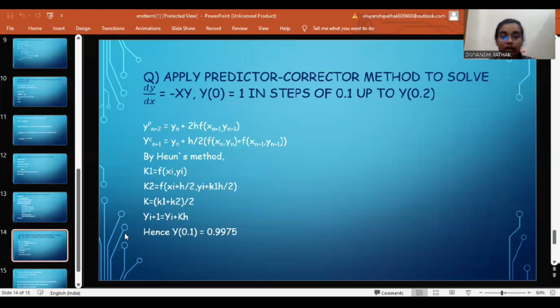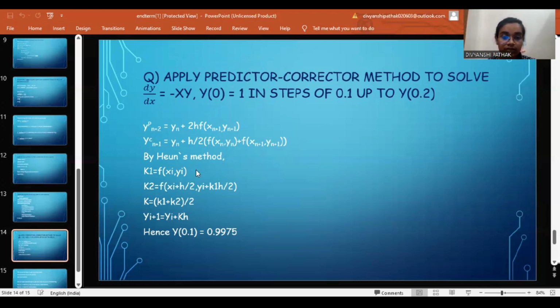Now the last question, apply predictor corrector method to solve dy by dx equals minus xy, where y of 0 equals 1 and the step is 0.1 up to y at 0.2. So here are our two formulas. The first formula of y is for the predicted value and the second is for the corrected value.